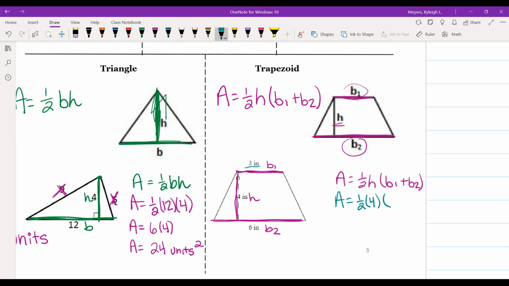Our base 1 was 3, plus our base 2 was 6. Remember, when we do order of operations, it's PEMDAS, right? So we do parentheses first. We want to do this 3 plus 6 first. So it's 1/2 of 4, and then 3 plus 6 is 9, right?